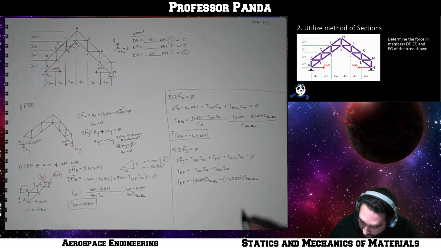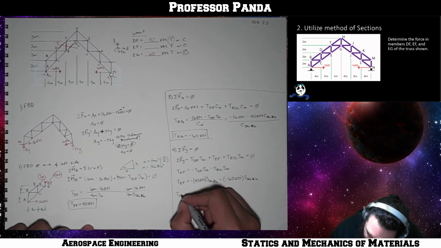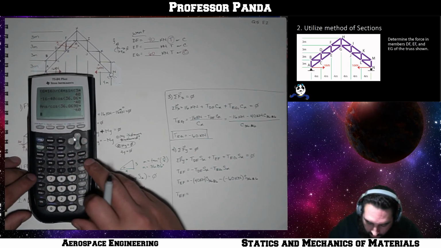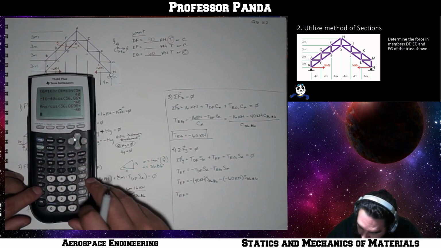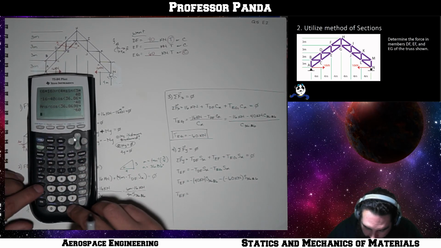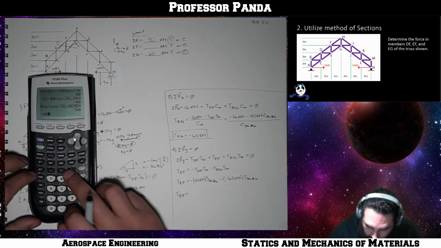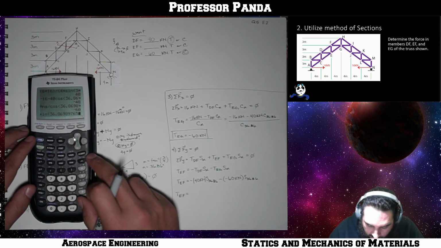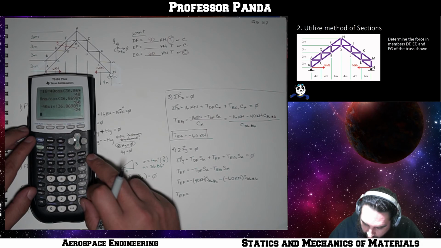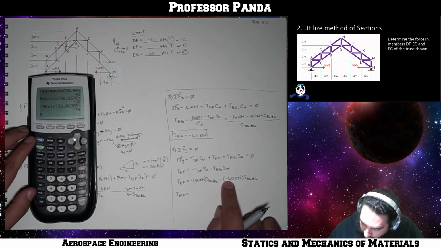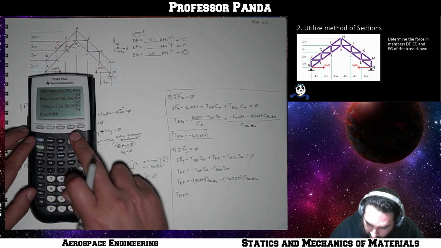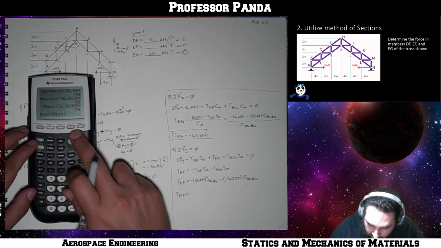Okay, so let's carry out this calculation and see if we can solve what TEF is equal to. So we have negative 40 sine. Go ahead and grab that number again. So negative 24, this will be plus 60 sine.